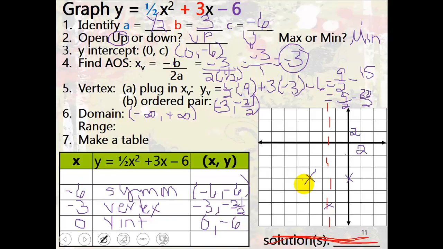And then let's pick something like negative 8. Let's pick negative 8. 64 plus 3 times negative 8 minus 6. So let's see, what do we have here? That's a minus. So I have negative 24 and negative 6.